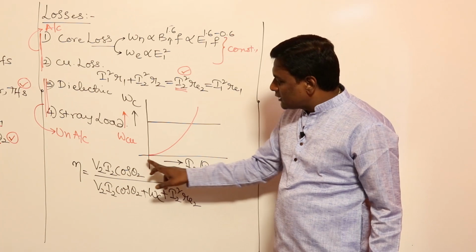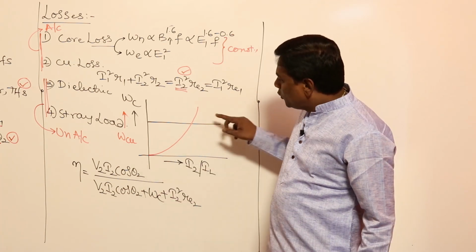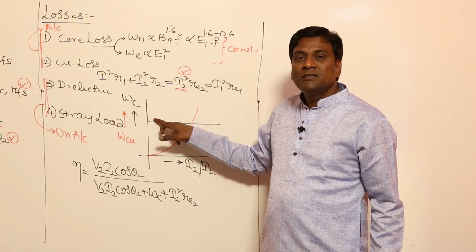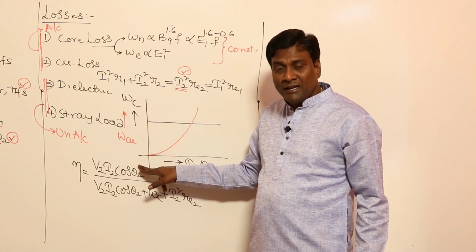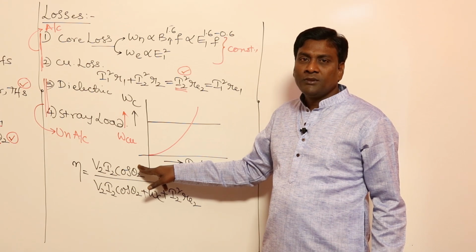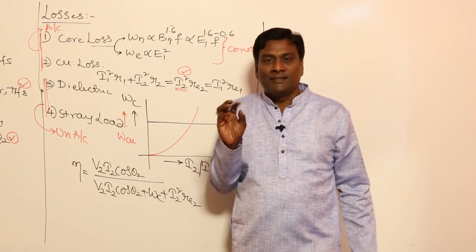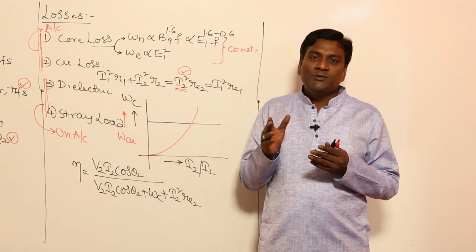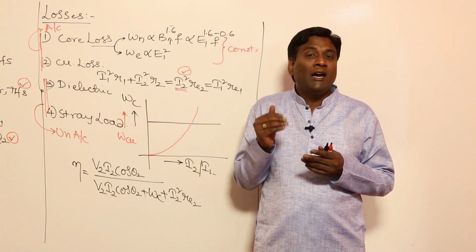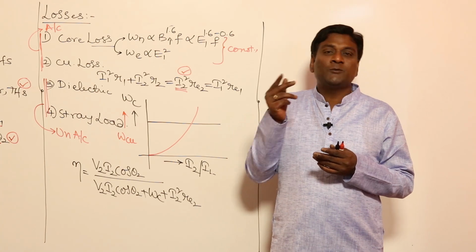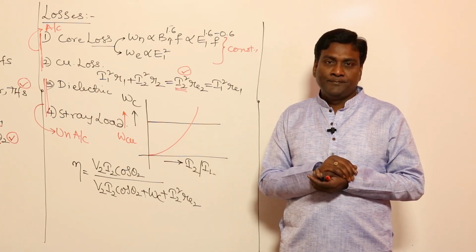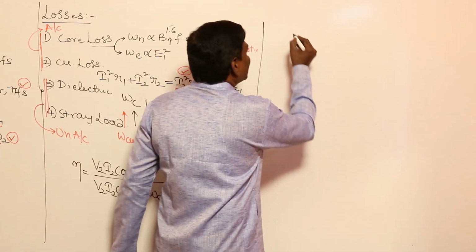Now if I consider no load, only core loss will be there, copper losses will not be there. So at no load, can I say efficiency is maximum? No. So we have to rewrite this. We should not say at maximum efficiency losses will be least, but we have to say at maximum efficiency the percentage of losses with respect to output should be least. Let us think of maximum efficiency.